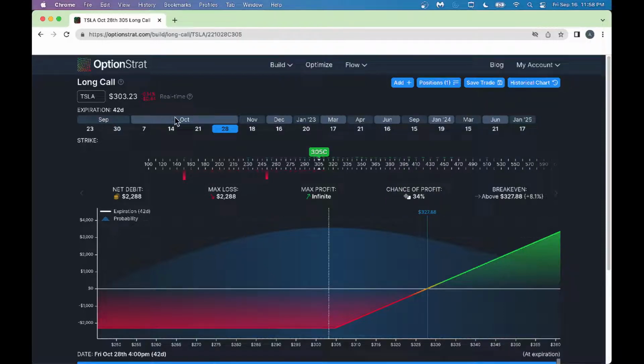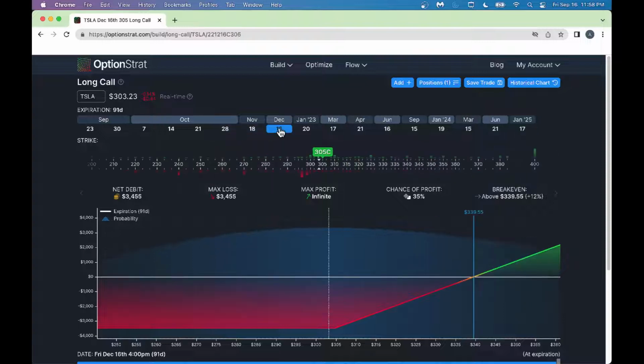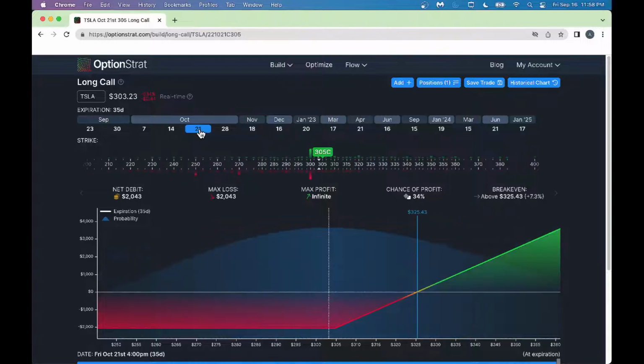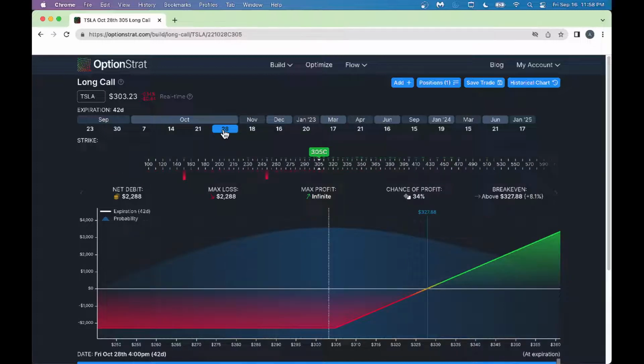But I know many folks want to trade long options to a little longer duration. You can just select 16. Now it's 91 days, as you can see here. And now chance of profitability is 35% again. So with a very liquid stock like Tesla, you can manage to go even 35 days out. That's good enough. Or I would say, go with 42.